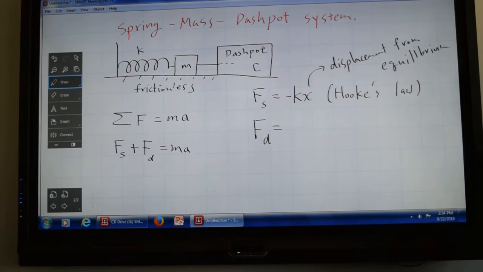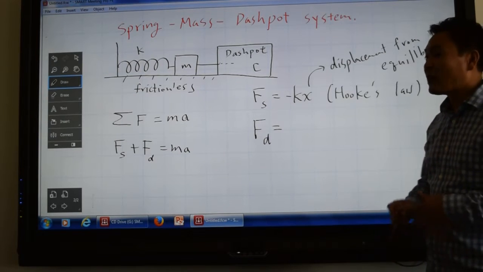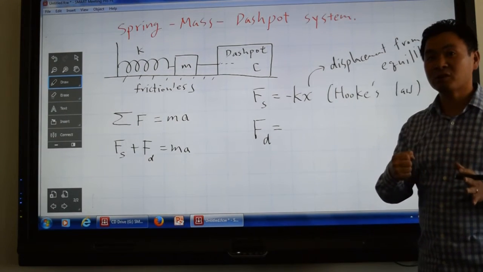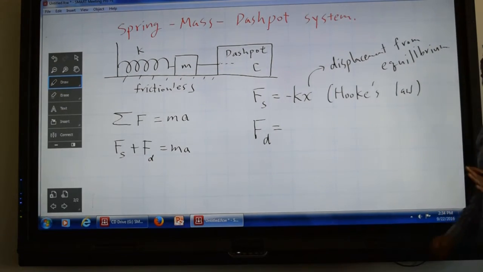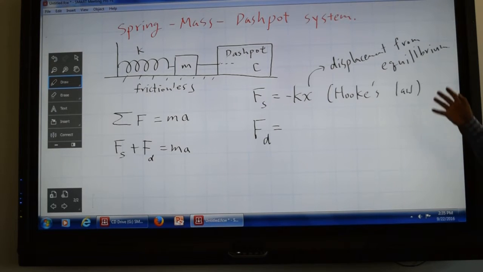Well, this one you haven't seen before, but it basically works like this. The faster you try to move in one direction, the more force will try to go against it. Okay? So think of it this way. If it's not moving at all, then how much force does the dashpot act on this? Zero.